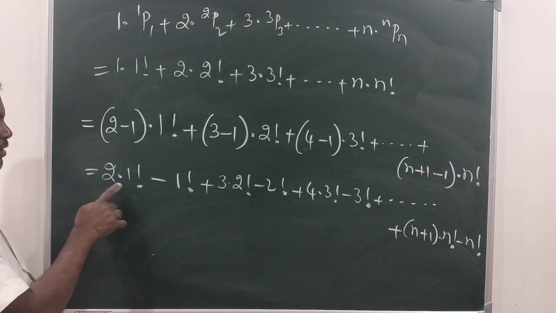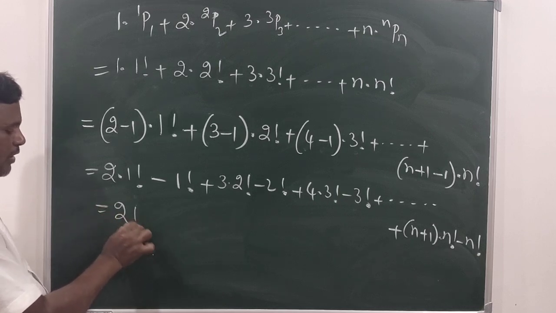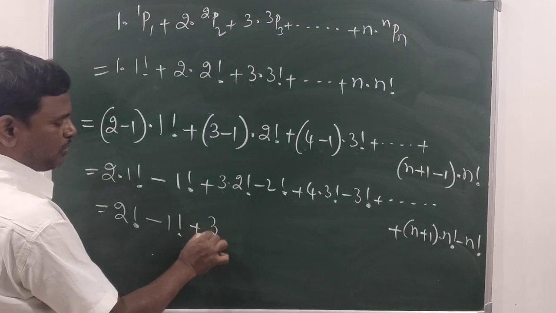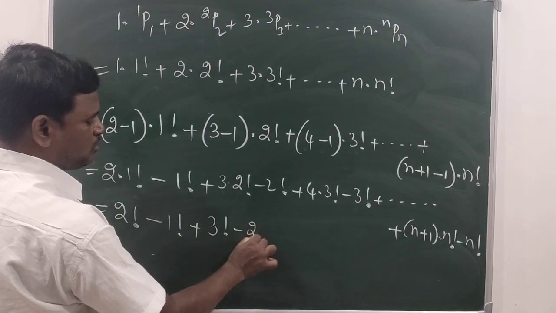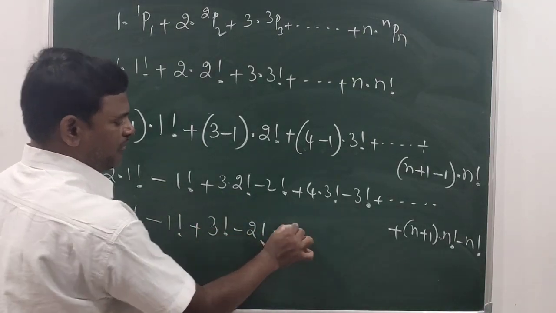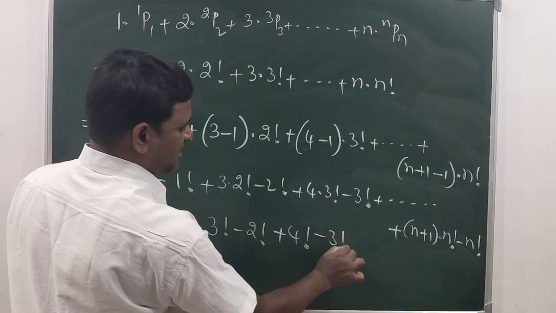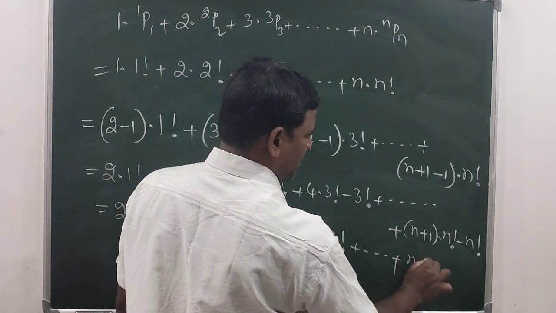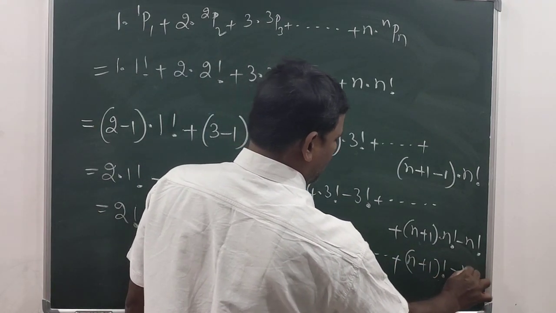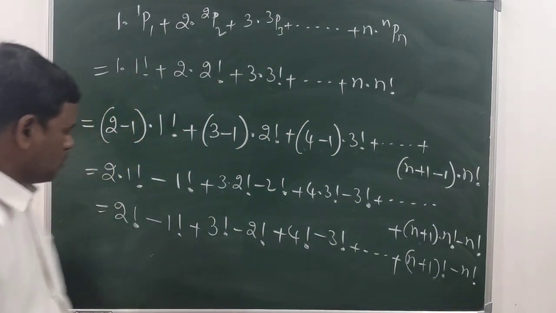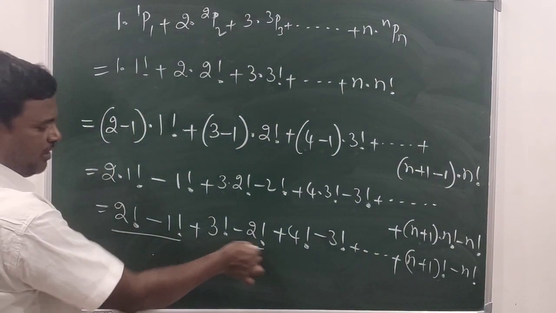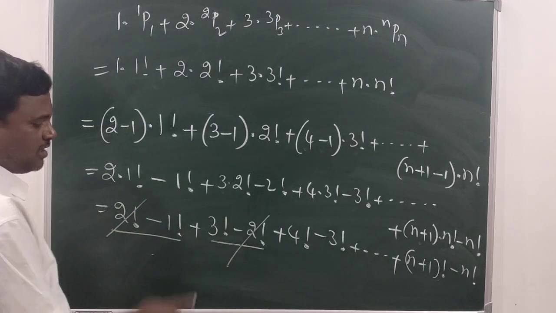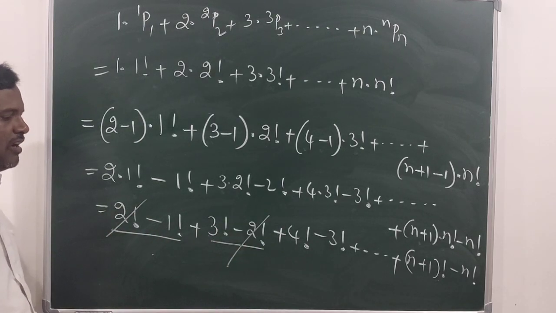Now 2 into 1 factorial can be written as 2 factorial minus 1 factorial, plus 3 into 2 factorial can be written as 3 factorial minus 2 factorial. 4 into 3 factorial can be written as 4 factorial minus 3 factorial, and so on. n plus 1 into n factorial can be written as n plus 1 factorial minus n factorial. So suppose you simplify only the first two terms, here plus 2 factorial minus 2 factorial cancel, big number minus small number is left.